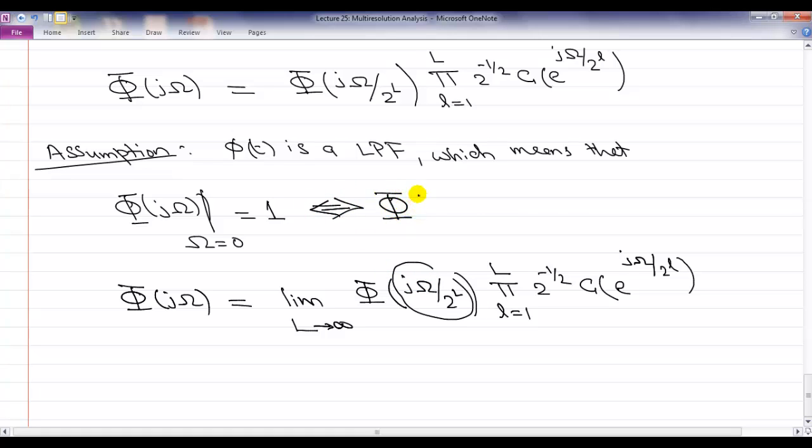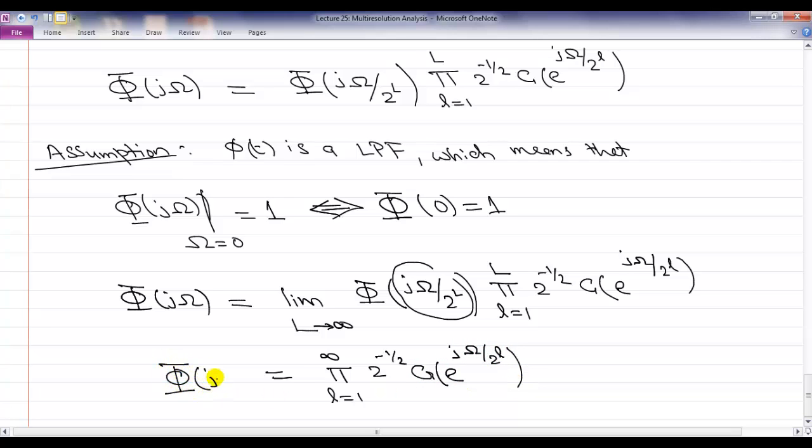From the above assumption, we have phi of 0 equal to 1. So this whole term is going to 1. What we get is the product from L equal to 1 to infinity of 2 to the minus 1/2 g of e to the j omega over 2 to the L. That is phi of j omega.